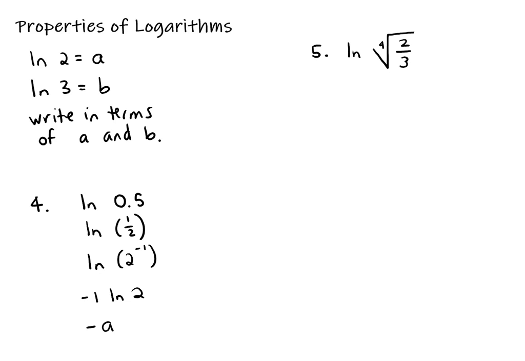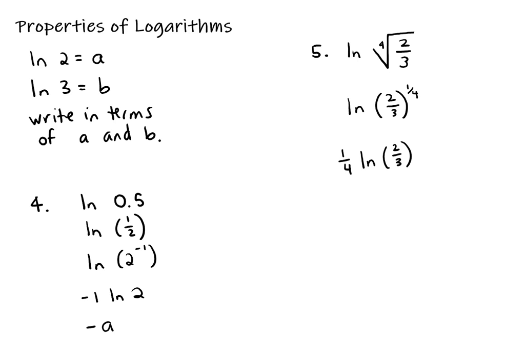Let's do that again with question number 5. We want to rewrite this as ln of 2 over 3 to the power of 1/4. And let's take that power out to the front. That's going to be 1/4 times ln of 2/3.